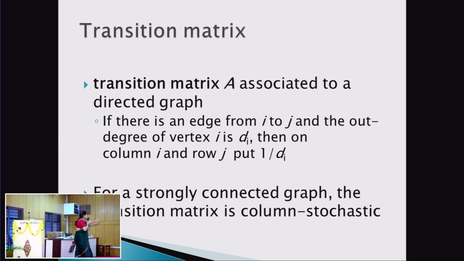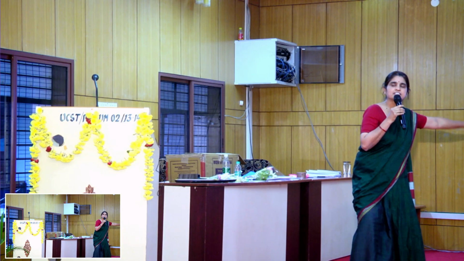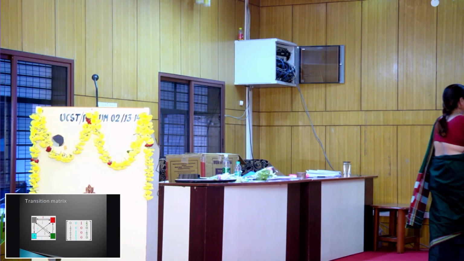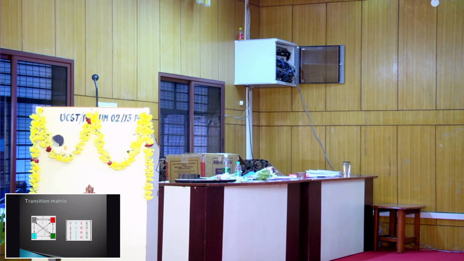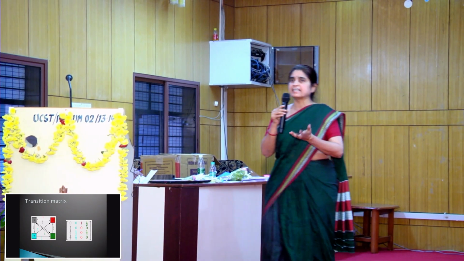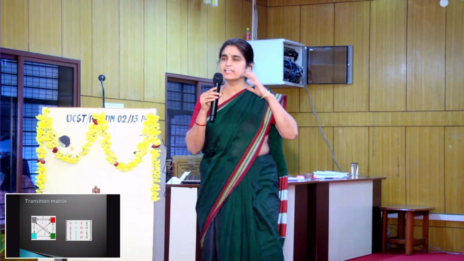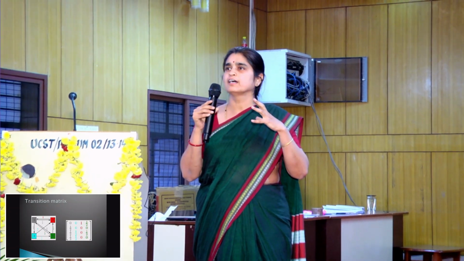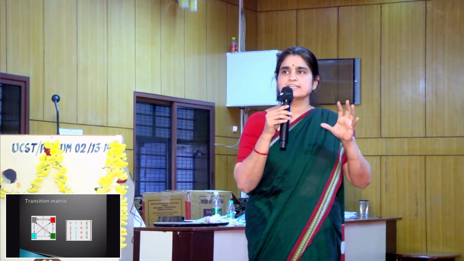So this, our transition matrix, if this was how the graph was, we have an adjacency matrix. Think, a graph can easily be modeled as a matrix. Can you see it?